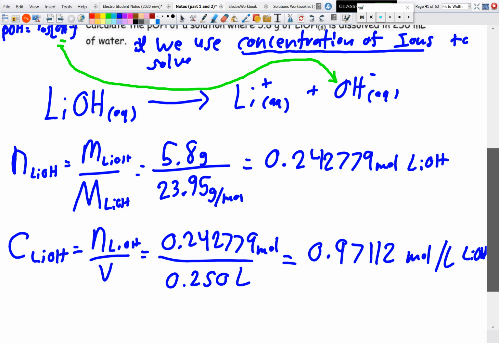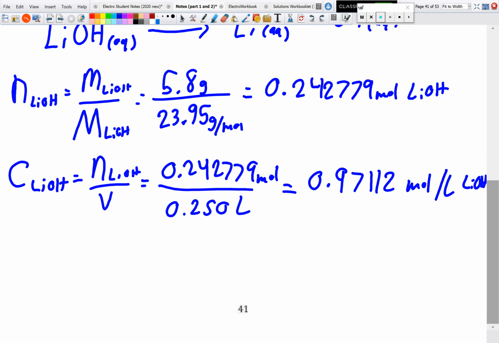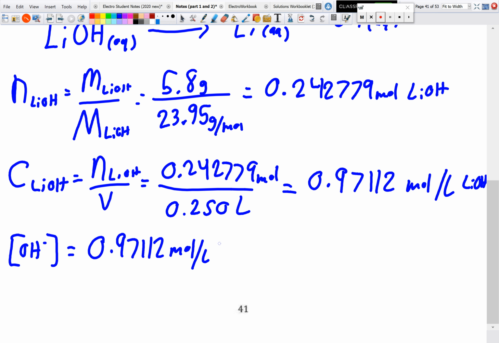So now that we have the concentration of lithium hydroxide, I'm just going to have to scroll down. We get the concentration of hydroxide. This is where we do our concentration of ion step, which is equal to our 0.97112 moles per liter of LiOH, and we're going to have to multiply this by our conversion factor. Now, we want to get rid of LiOH, lithium hydroxide, so that shows up in the denominator.